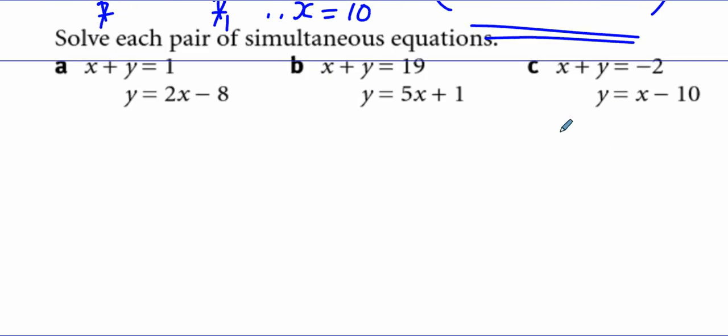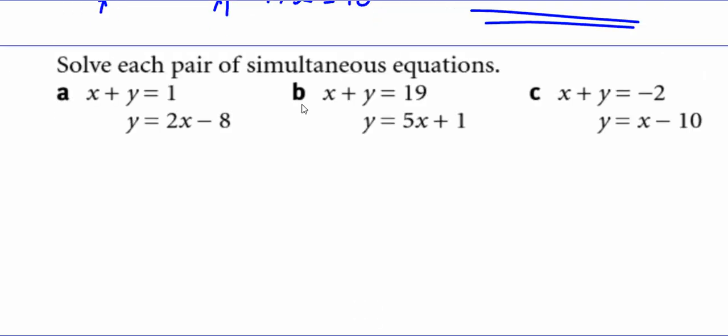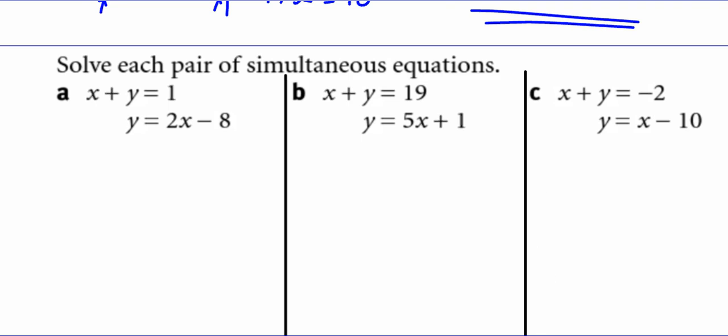All right, let us go to the next questions. We have: solve each pair of simultaneous equations. Like I said earlier, you have to check very closely those equations and see which equation has got the letter as the subject.